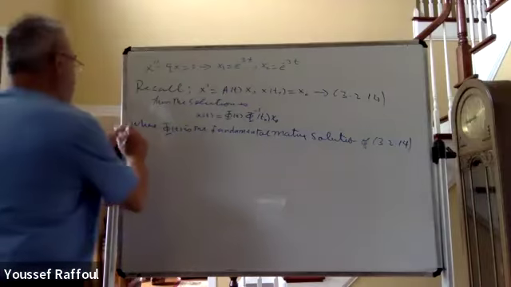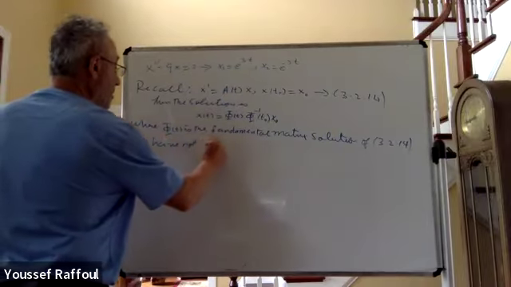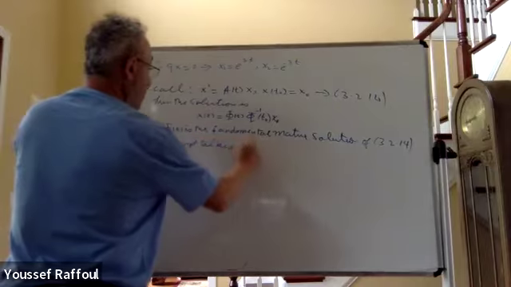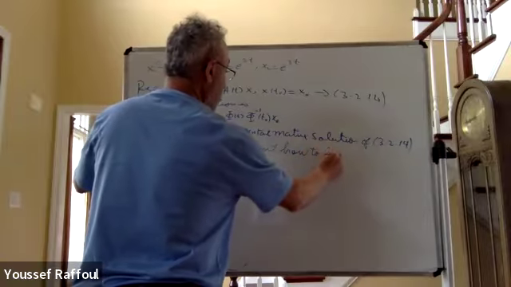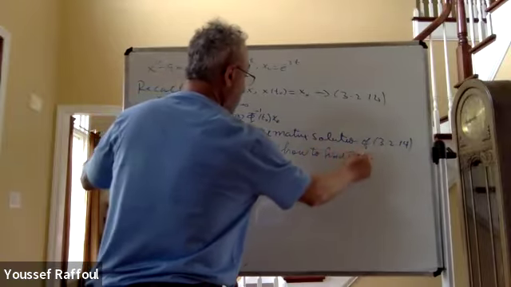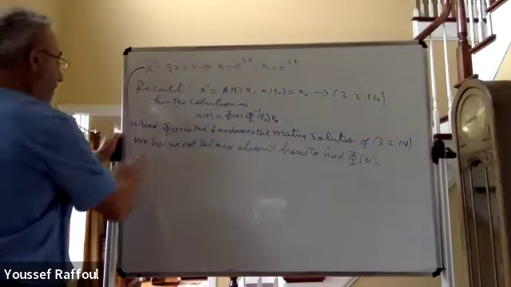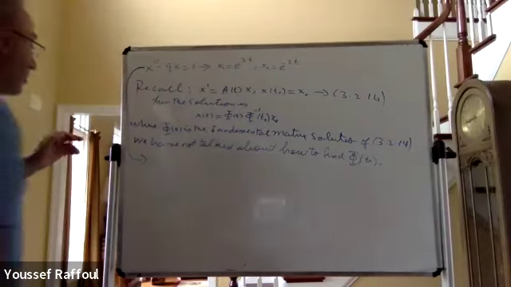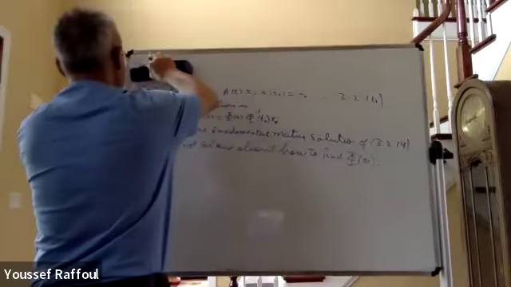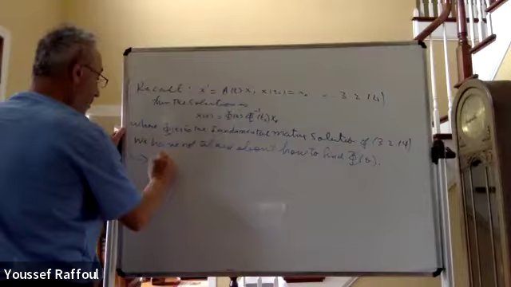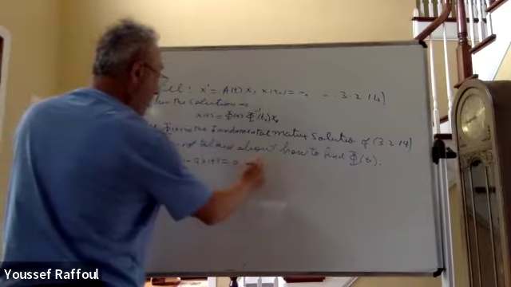Now, remember, we have not talked about how to find phi of t. Well, let's take this example from yesterday. Let us assume, for example, x second of t minus 9x of t equals 0.